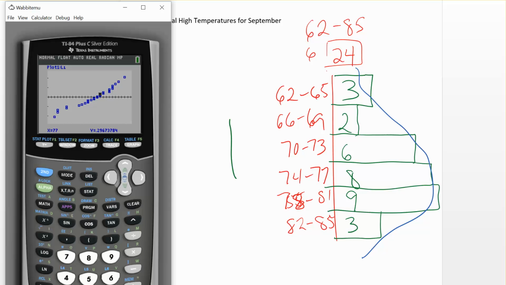When we look at the normal quartile plot, it sure looks a lot more linear than I would have expected from the histogram. So if we're deciding whether the data comes from a normally distributed population, I would tend to lean towards yes, based upon our normal quartile plot. It looks fairly linear.